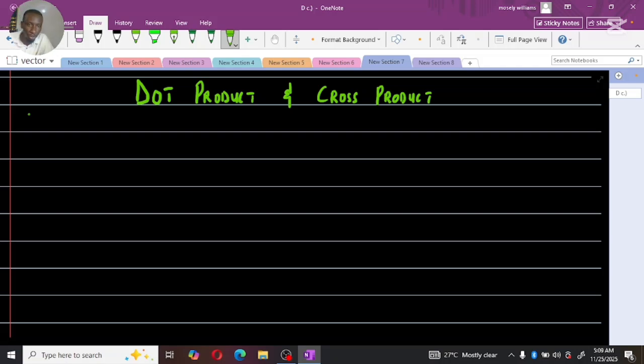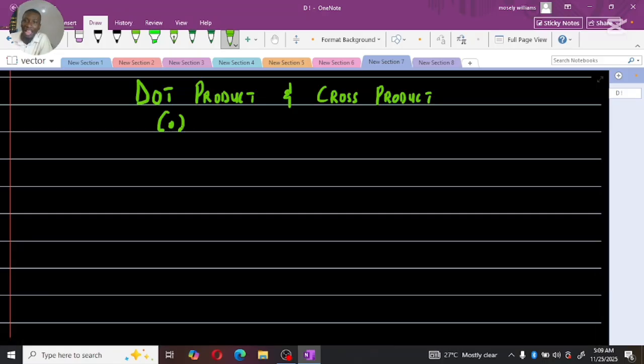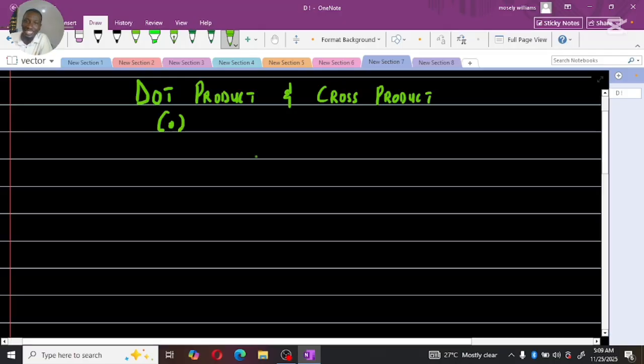And this is the operator we use to denote it. The second one is the cross product. And when you take this kind of multiplication, it will give you another vector. And this is the operator we use to denote that.